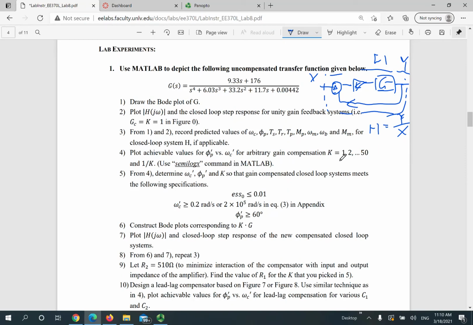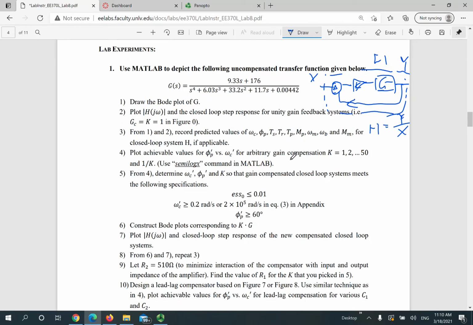Okay, so in total of 100 values of this K, you can find 100 pairs of this, and to observe when the phase margin will give you the proper positive value, so that the system will be stable.